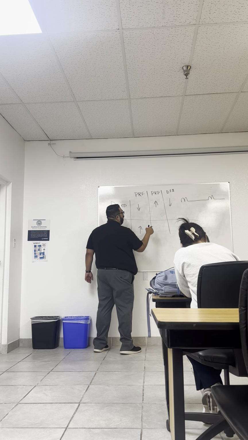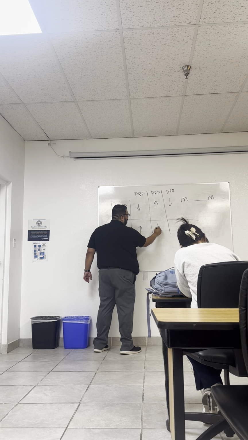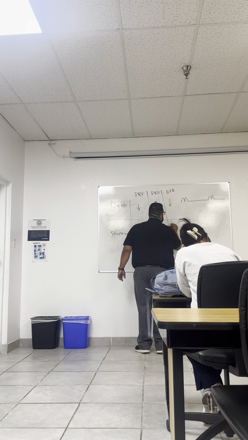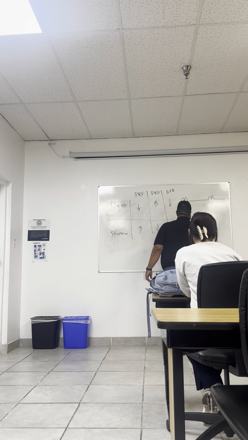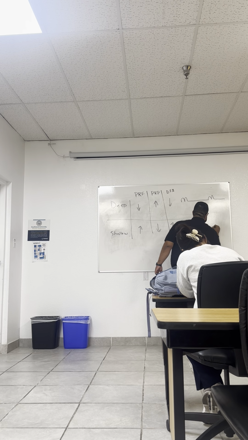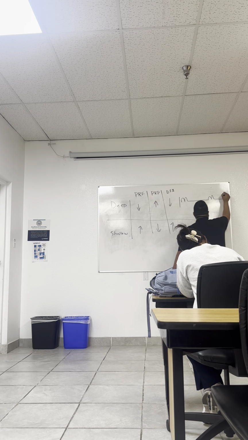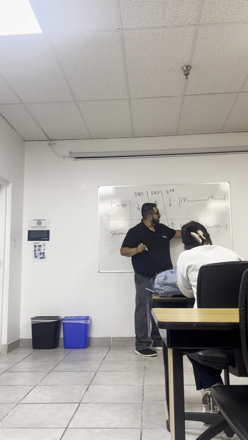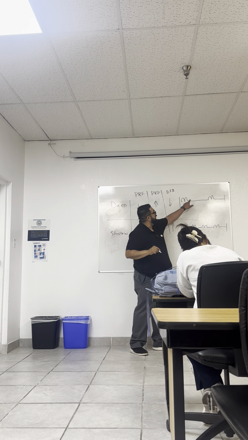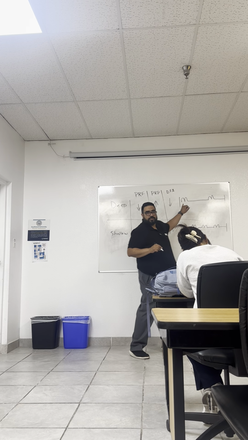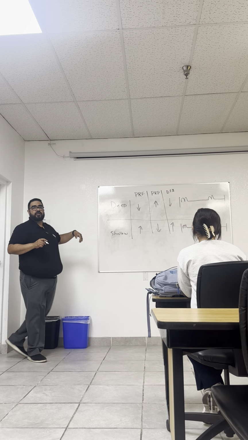Our PRP is lower, shorter. And our duty factor is higher, because in this time there were more pulses. On the deeper structure, there were fewer pulses, lower duty factor.